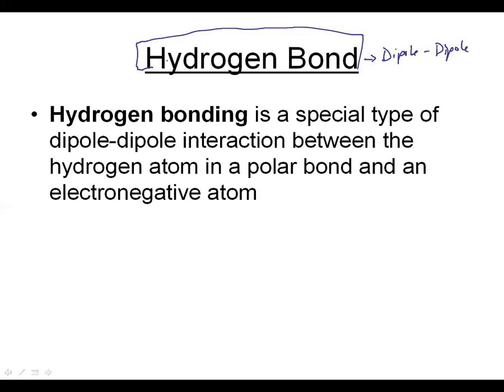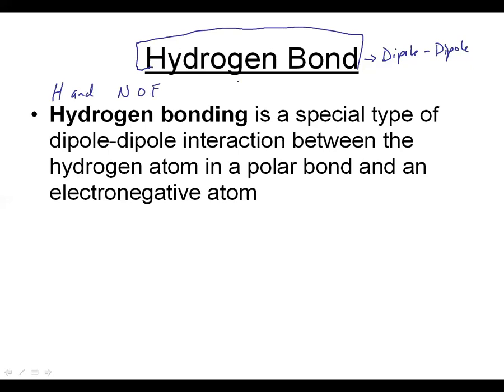So we do use hydrogen bonding as its own class to describe intermolecular forces, although it is typically under the big umbrella of dipole-dipole. Hydrogen bonding is a bond, much like the name implies. It is a bond between hydrogen and an electronegative atom like nitrogen, oxygen, or fluorine.